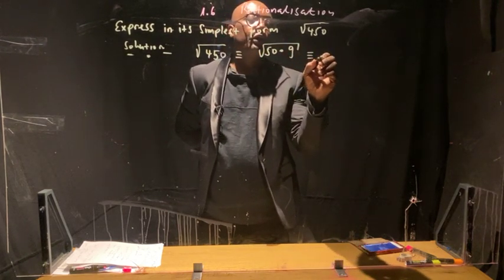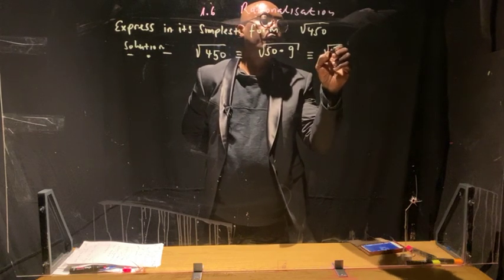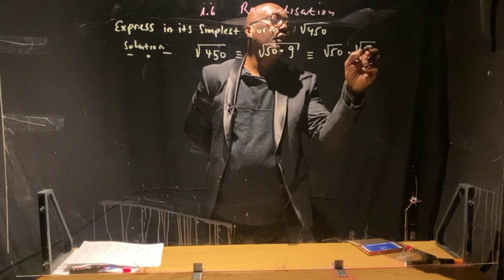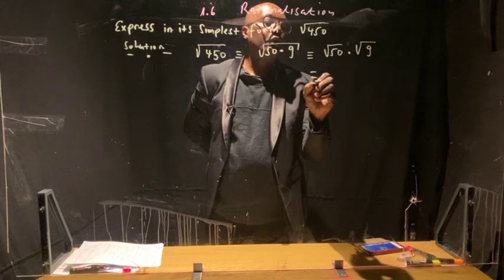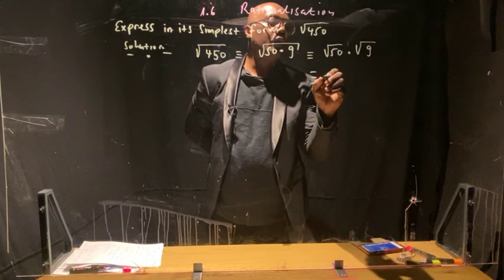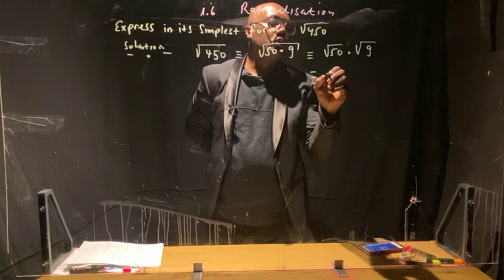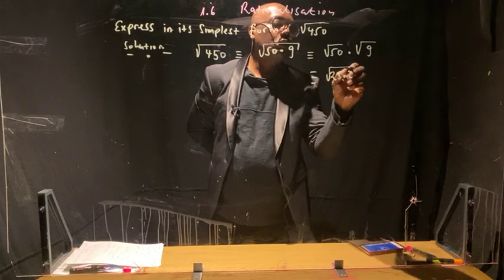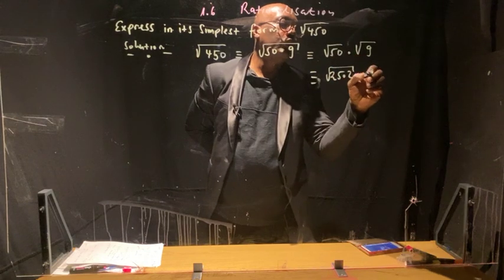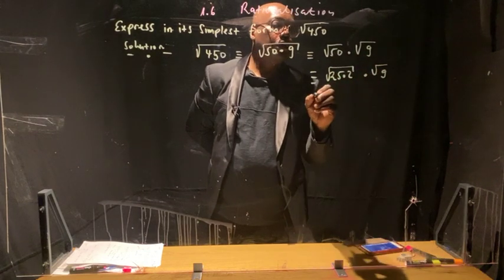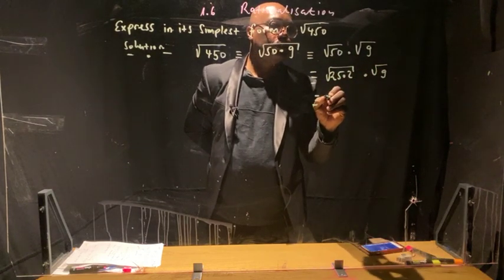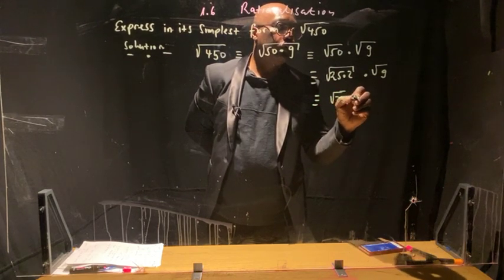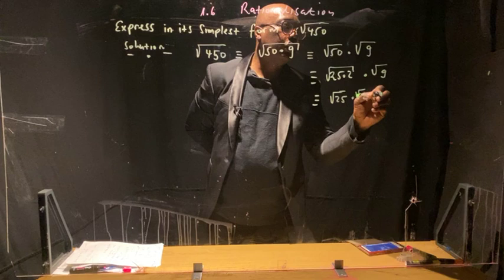This can also be expressed as root 50 multiplied by root 9. But root 50 can also be expressed as 25 times 2, then multiplied by root 9. Then this one can also be expressed as root 25 multiplied by root 2 multiplied by root 9.